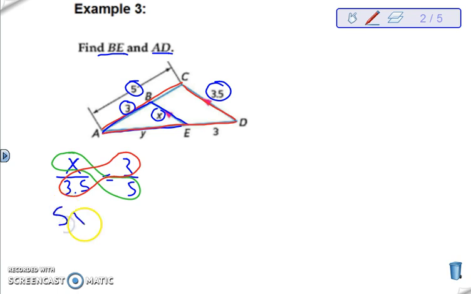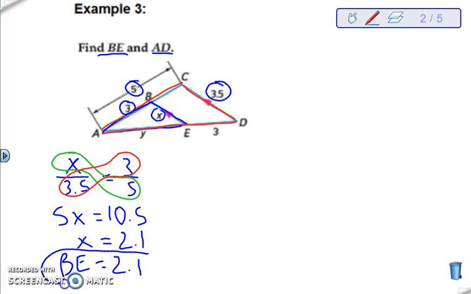So 5x equals 10.5, which means x equals 2.1. And x is the only thing on side BE, so BE is 2.1.